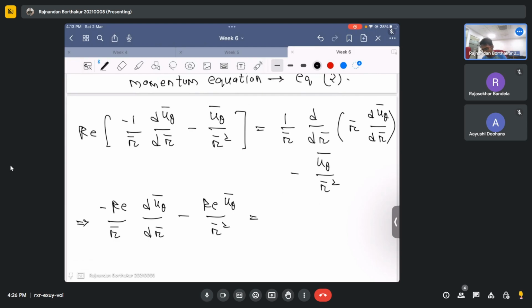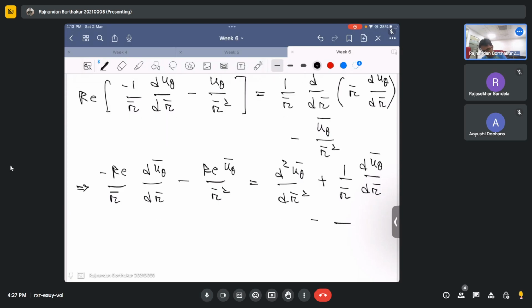Simplifying the other term using the chain rule, I end up with d2 u theta bar by dr bar squared plus 1 by r bar times du theta bar by dr bar minus u theta bar by r bar squared.